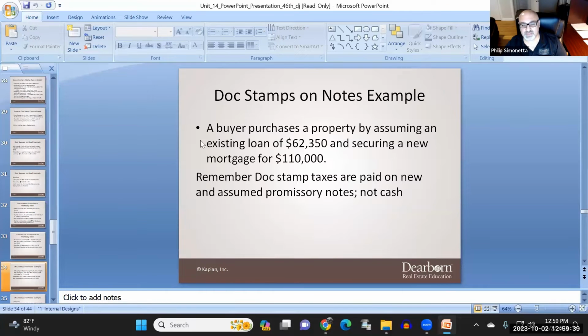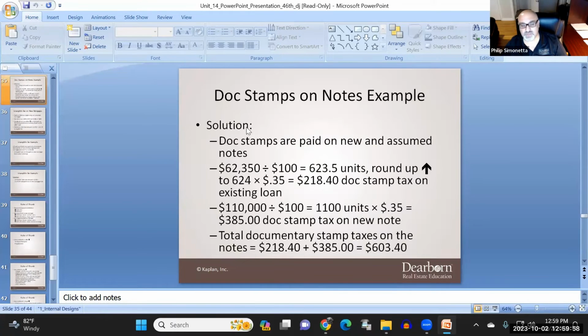So let's say a buyer purchases a property by assuming an existing loan for $62,350 and securing a new loan for $110,000. Remember, doc stamps are paid on the new and assumed promissory notes, not cash. Doc stamps are paid on new and assumed notes, so you can't add them together.